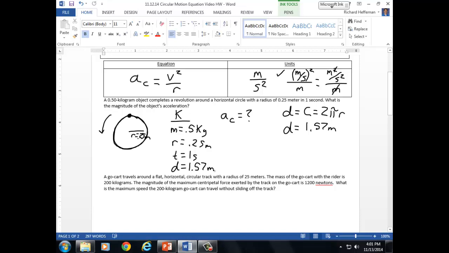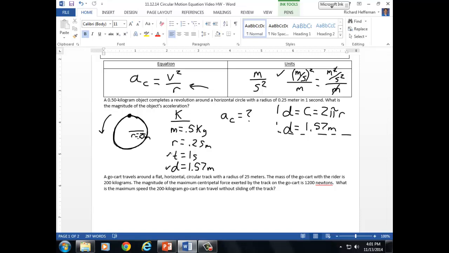Now, it wants to know the object's acceleration, so we have a few more steps to go. Ultimately, we want to use the centripetal acceleration equation, so we need to find the speed the object is traveling. We know the distance and the time, and for things moving in a circle, for right now, let's assume that things are moving with a constant speed.